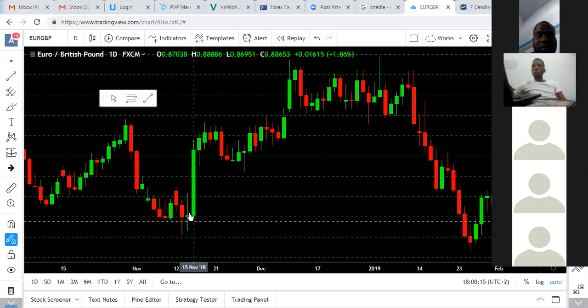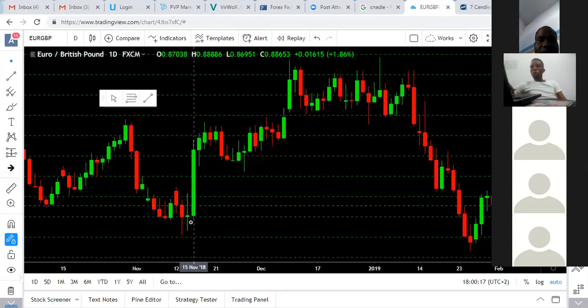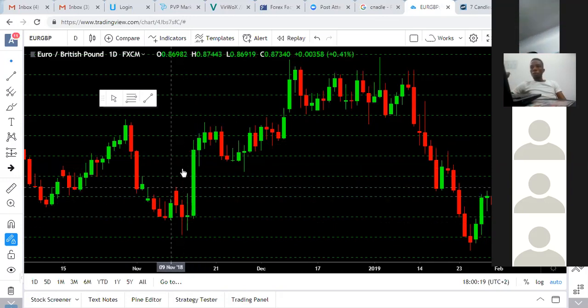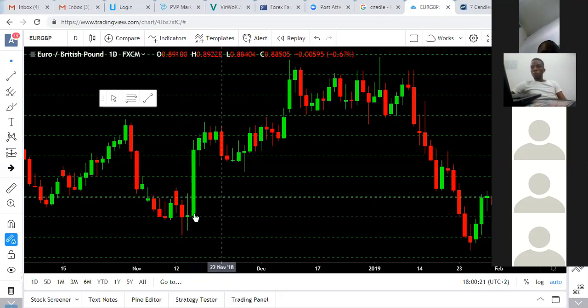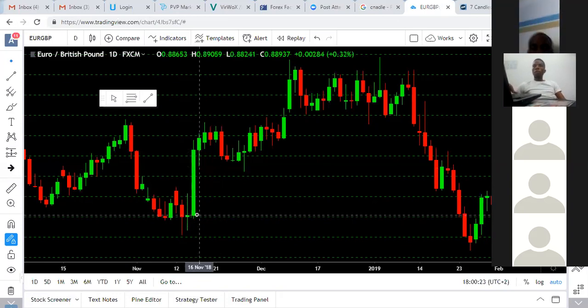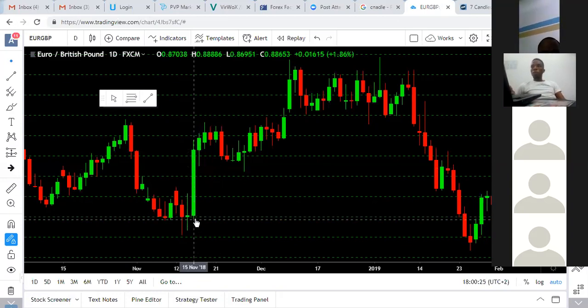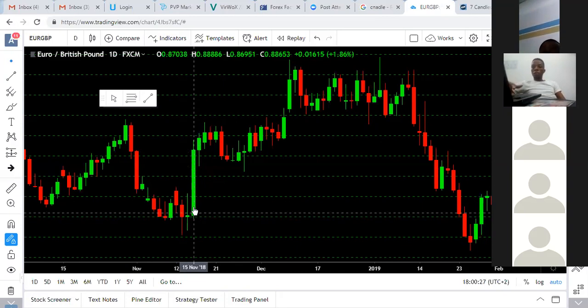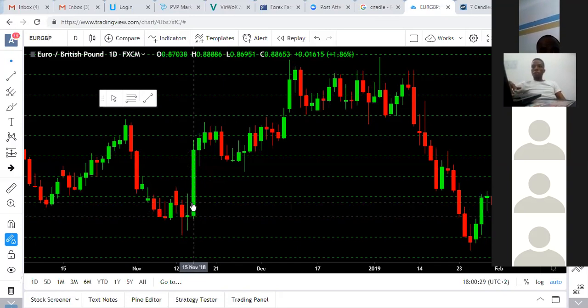The next one is the very long candle, the one that has a real body. It's a very bullish candle. You see the market opened, it went slightly down. You see that the low and the open price are almost the same. On this candle, the low price is 86951, and the open price is 87038.